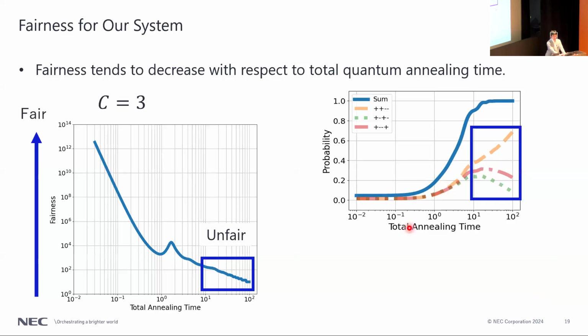We have calculated fairness for the weak four-body interaction. The horizontal axis is the quantum annealing time, and the vertical axis is the fairness. The graph for fairness shows a decreasing trend. This is consistent with our understanding that the probability graph shows unfair sampling for long annealing time.